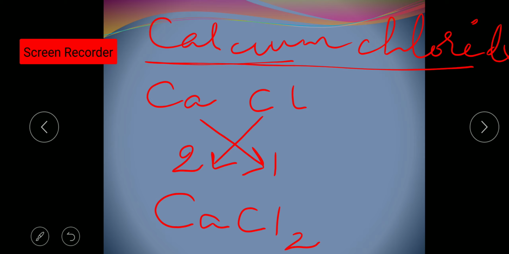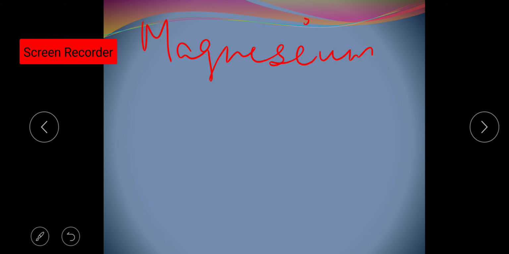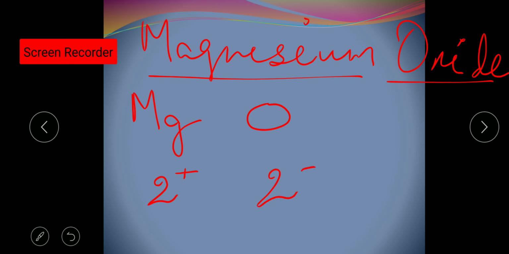Next we will see how to write down the molecular formula of magnesium oxide. You must know the symbol of magnesium and the symbol of oxygen. The symbol of magnesium is Mg and the symbol of oxygen is O. The valency of magnesium is 2 plus and the valency of oxygen is 2 minus.